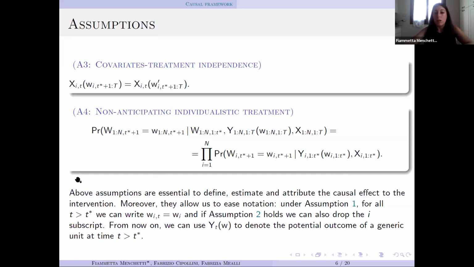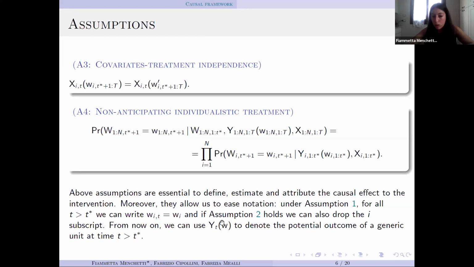All the assumptions are very important to define, estimate, and finally attribute the effect to the intervention. They also allow us to simplify notation. Indeed, under assumption 1 we can drop the time subscript, and under assumption 2 we can also drop the i subscript, because in the end we will do a separate analysis on every product.